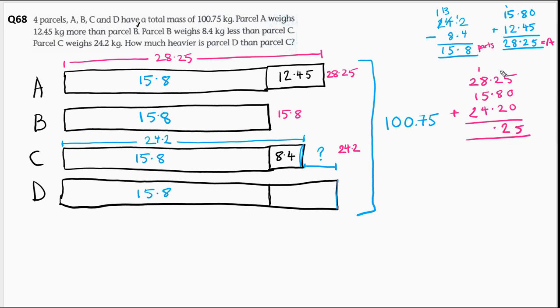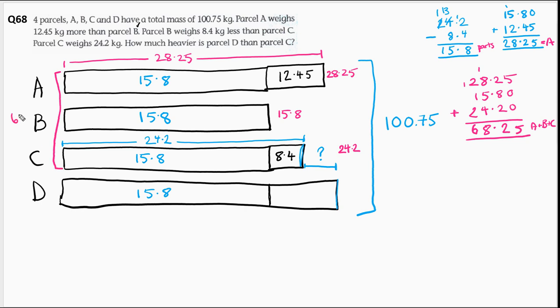We're going to carry the 1. And then we have got 13, so that is going to be 18. And then 1, 3, 4, 5, 6. So A plus B plus C, I'm just making sure I know what that is, have a total mass of 68.25.